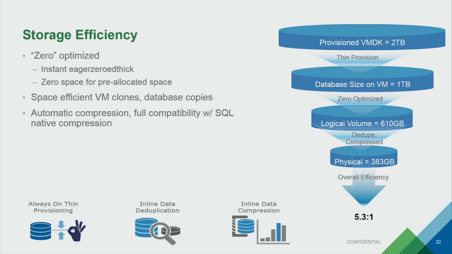So none of the allocated space takes any physical space. On top of that, it has global inline dedupe and compression, so it only stores unique blocks onto the physical media. And before the data block gets stored on the media, all the repetitive patterns get removed, so it's compressed as well. So when it reaches the physical storage, it's automatically guaranteed to have its smallest on-disk footprint.